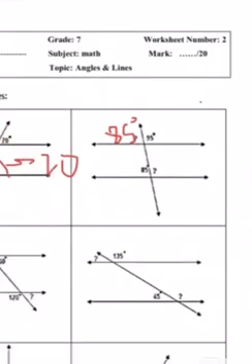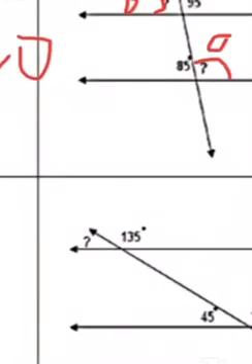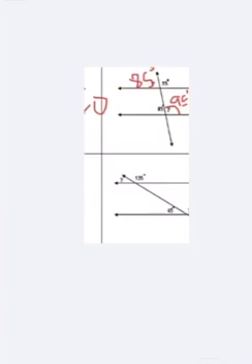Now we still want to find this missing angle. We can say that we also have corresponding angles. This angle is equal to this angle because they are matching to each other. So this angle is equal to 95 degrees.